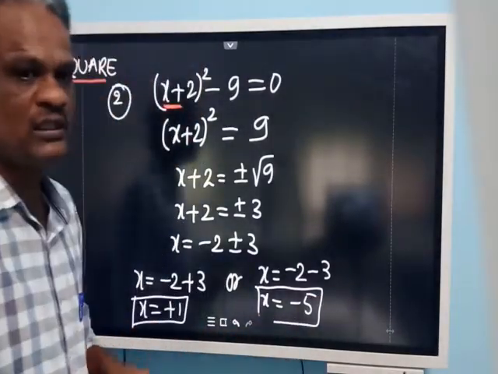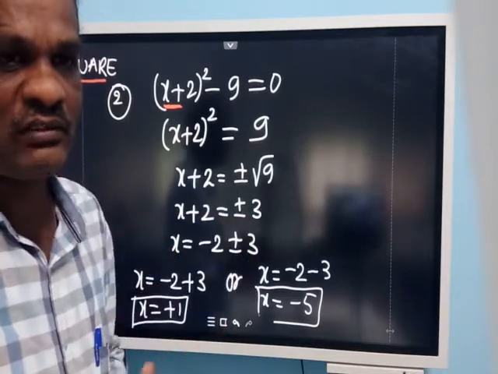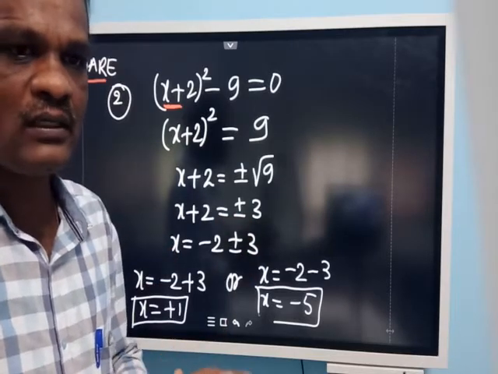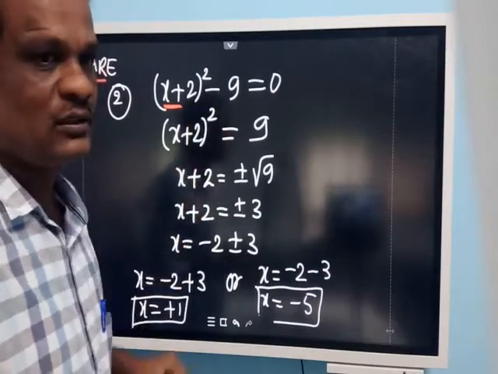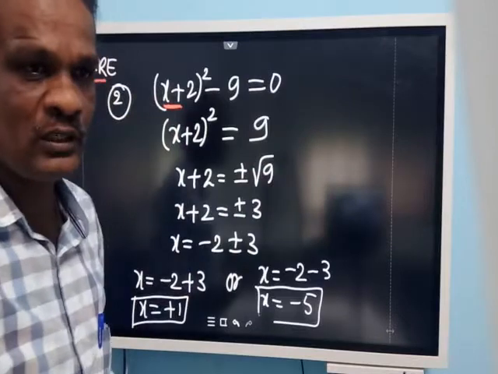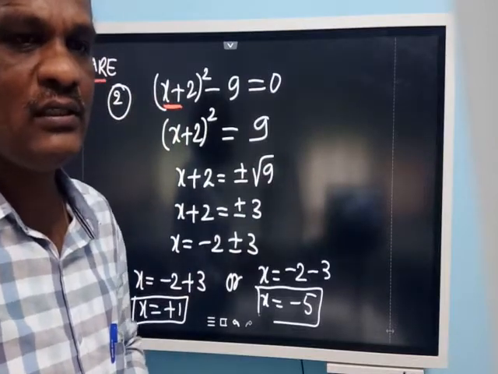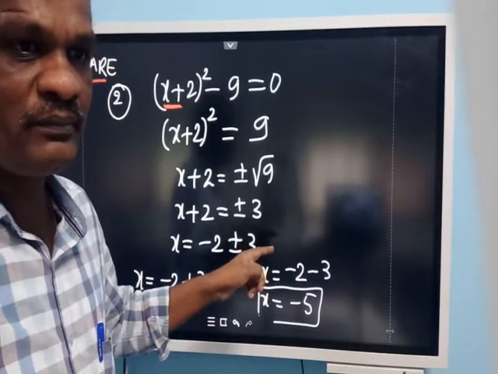It is very easy to solve when you keep the variable inside the square. Any other type of equation, if you are able to bring it into this form, you can find the solution very easily. Are you following me?